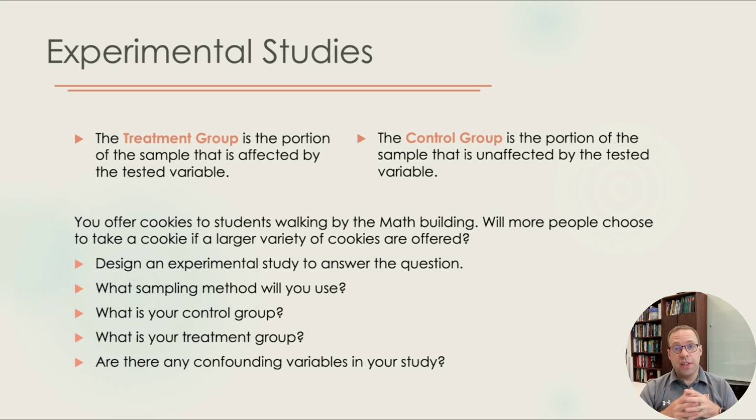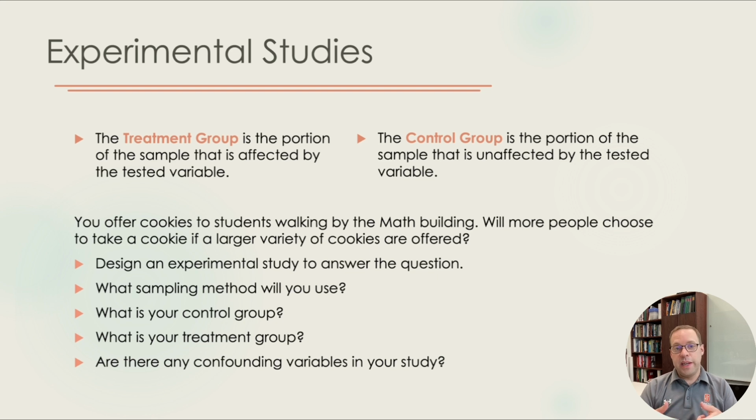So what I would do for this study is perhaps have, thinking of the best way to do this, maybe for 1 week, have a table out by the math building and offer a free cookie. And maybe each day you do it an hour a day in different times of day so that you are getting different people.